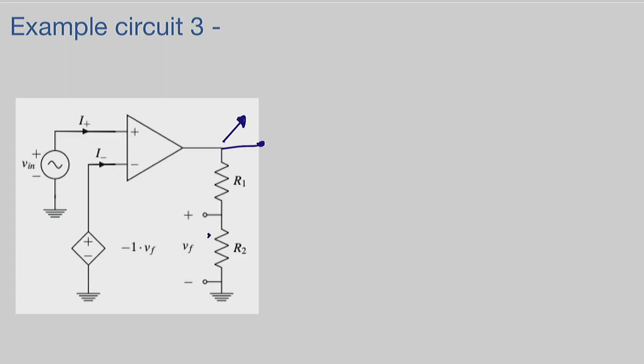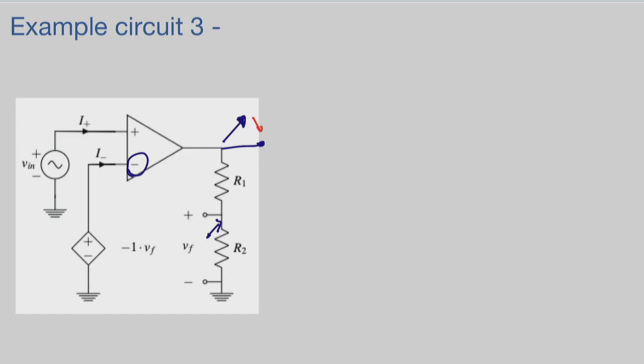Increases. If VF increases and it's the same here, minus VF, that means I am inputting a larger number into my negative terminal. So what's going to happen to my next V out? Decreases.